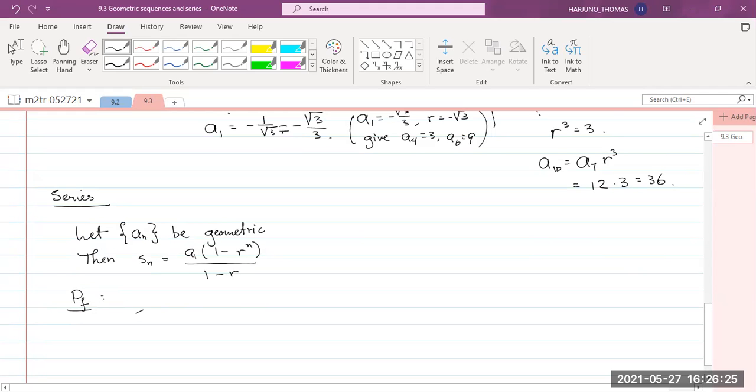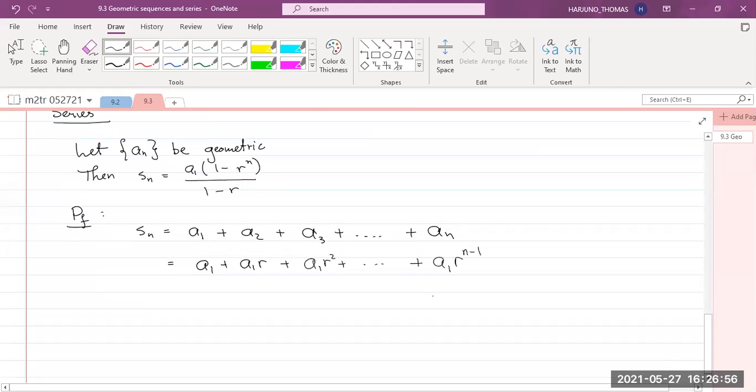Okay, now S sub n, the nth partial sum, is the first term plus the second term plus the third term, all the way to the nth term, which equals the first term plus the first term times r, the first term times r squared, all the way to the first term times r to the n minus 1. Now, that's the nth partial sum, right?